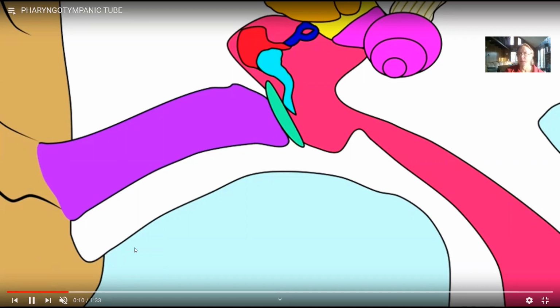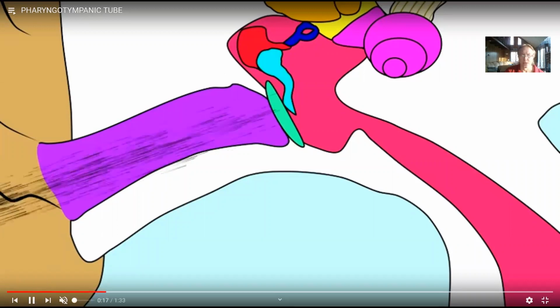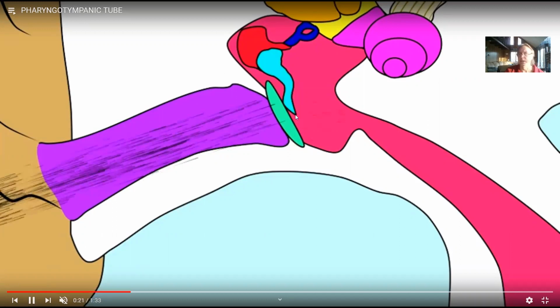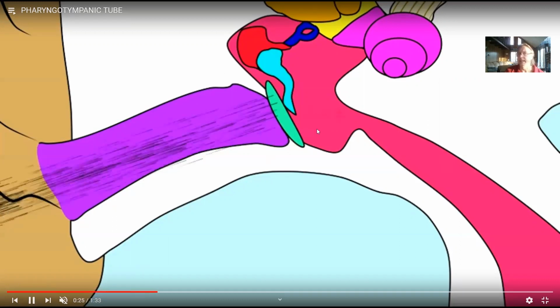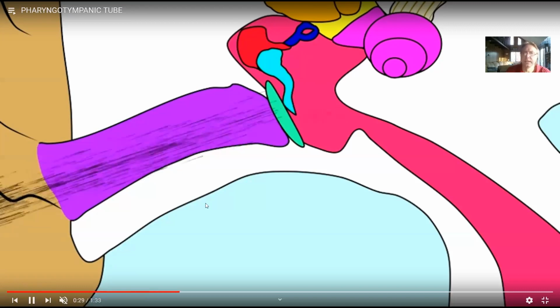And this then represents the external ear. So the pinna and this auditory canal represent the external ear, which ends at the eardrum. And this then is the middle ear. And then there is an inner ear, which we'll discuss presently.